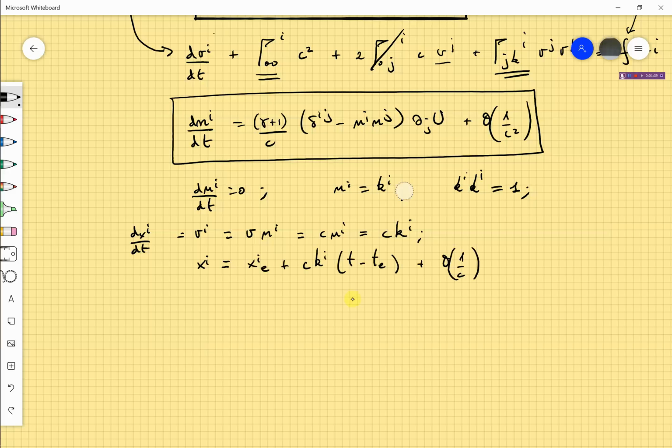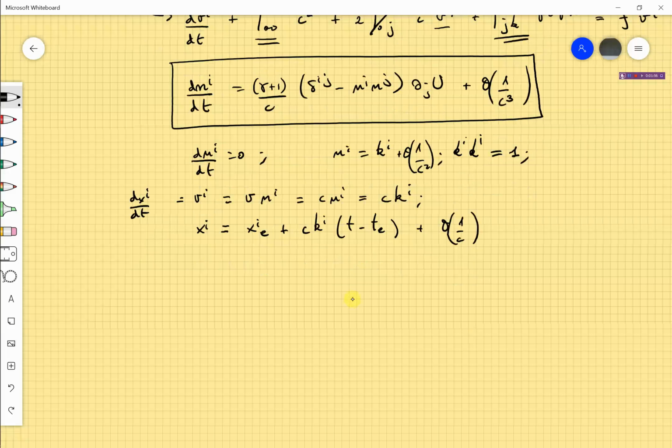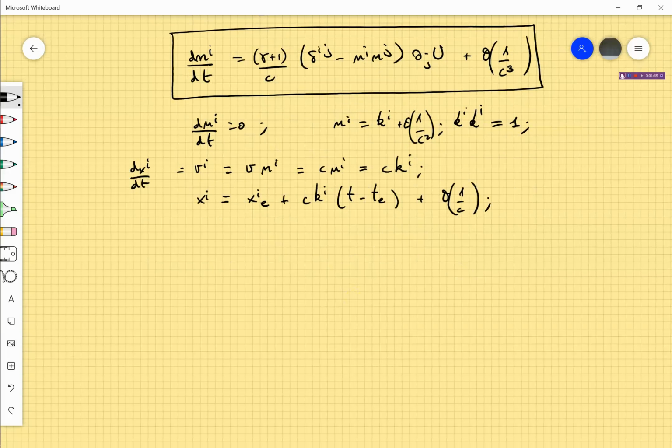The approximation is plus terms of order 1 over c squared. There is this rule of thumb that tells us that these orders are even or odd. So in fact here this should be, I think, cubed. Okay, so this is the lowest order solution.